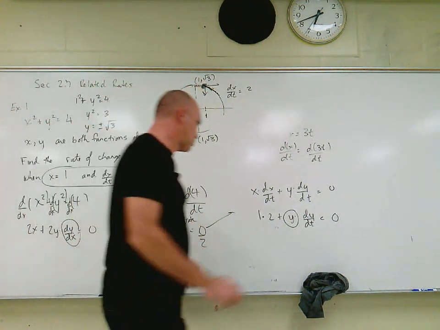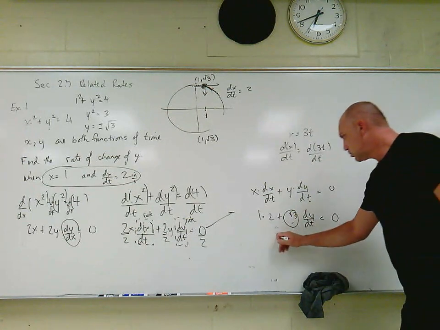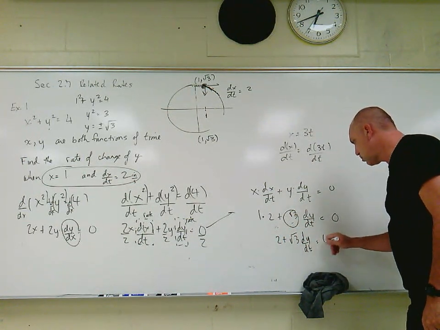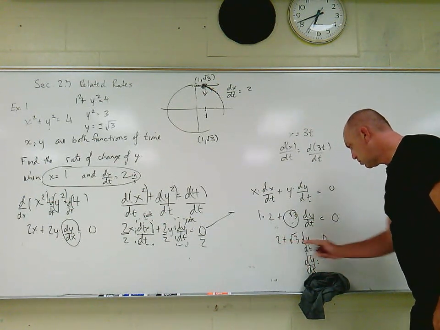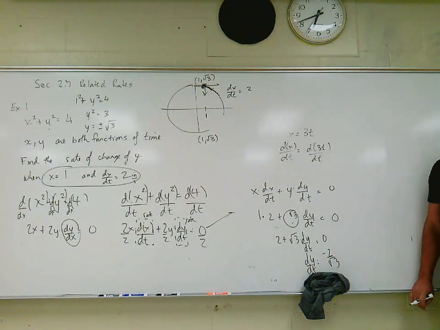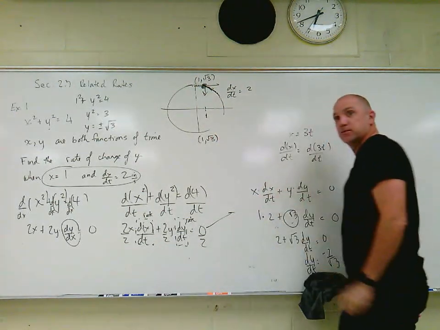I'm going to plug this point in, using square root of 3, and now I'm going to solve for that. So I have 2 plus square root of 3 times dy over dt is 0. And I get dy over dt equals negative 2 over square root of 3. I get a negative because it's going down. So my negative rate should correlate to what's happening, because as this point moves right, y is decreasing.